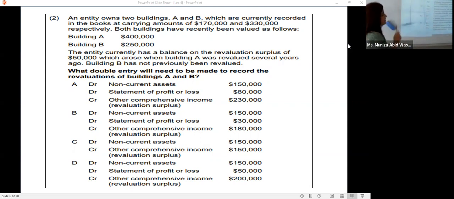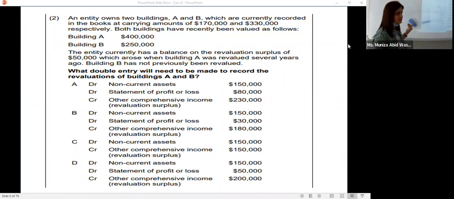So they are telling us that for building A, the carrying amount has been 170,000 and its fair value has now been 400,000. It means how much revaluation gain is there in regards to building A? 230,000. 230,000 is the revaluation surplus. Am I right?